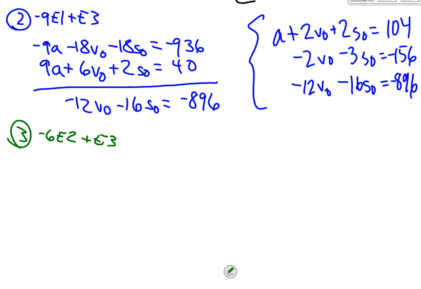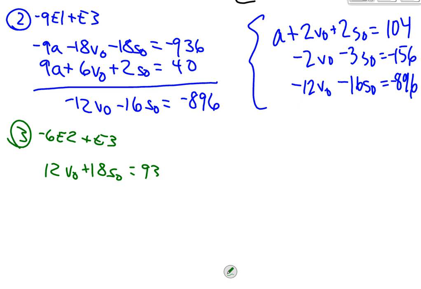So that will give me what? 12V0. Yep. So multiply by -6, what's the next one? 18S0. And I don't know what negative 6 times negative 156 is.